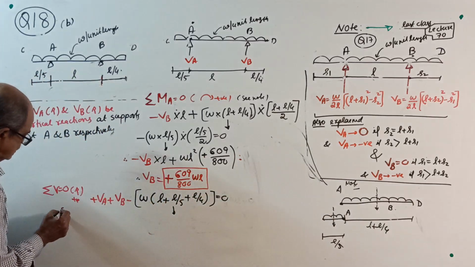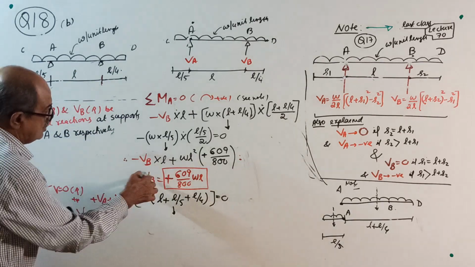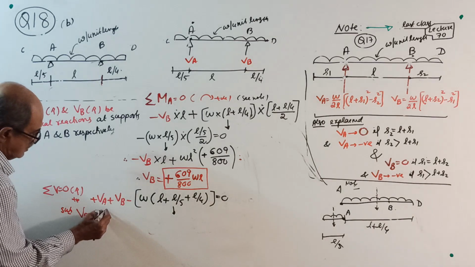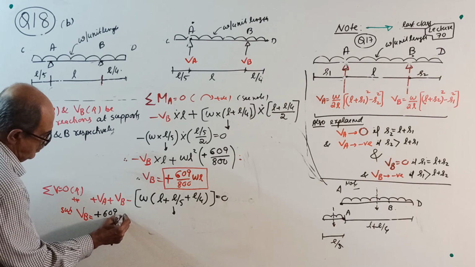Therefore, now substitute VB equal to whatever you got: plus 609 by 800 WL.